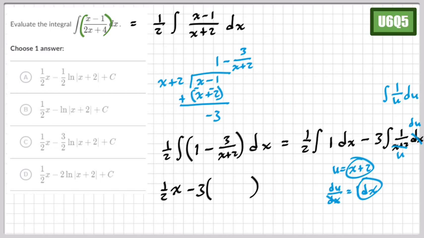So it's going to be the natural log of the absolute value of u. And you would say plus c. But let's forget about the plus c for now. We'll put the plus c on later. Now what is u? It is x plus 2. So let's rewrite it. Natural log of the absolute value of x plus 2, and then we're just going to put our plus c here at the end.